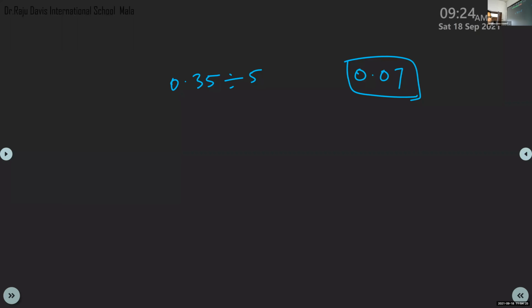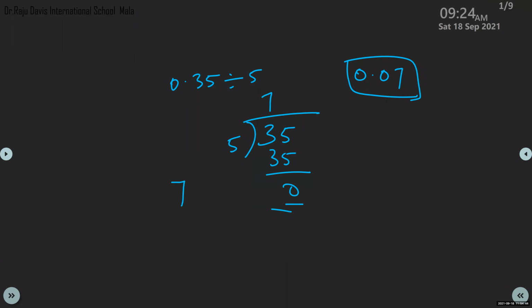We have to simply divide the number as a whole number. 35 divided by 5, 7 fives are 35. So we get 7 as the answer. How many decimal places? 2 decimal places. So the answer also should contain 2 decimal places. 0.07. This is the way.